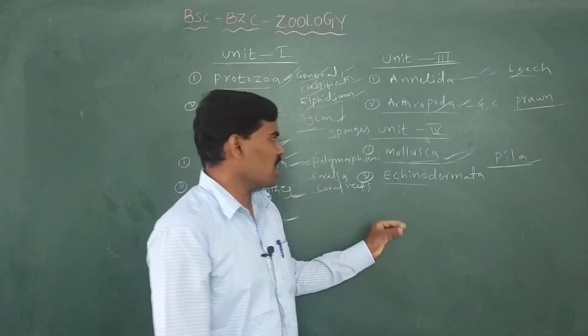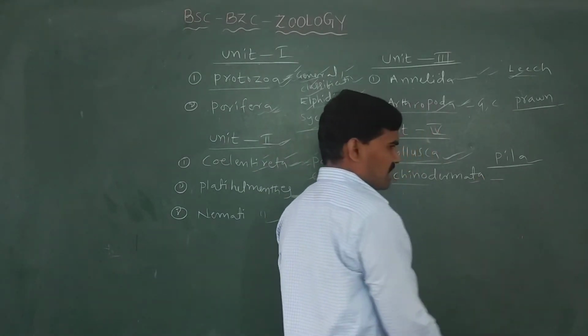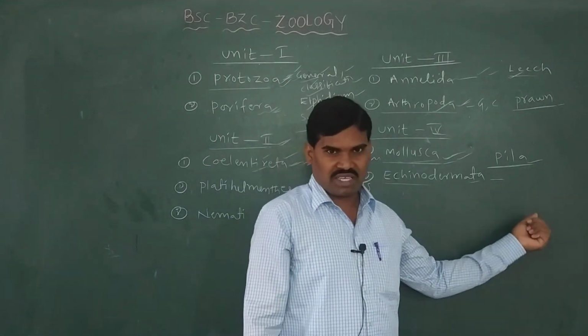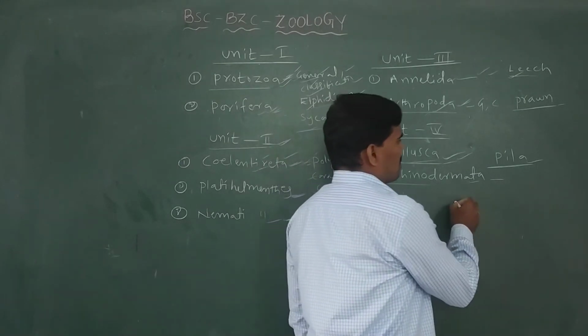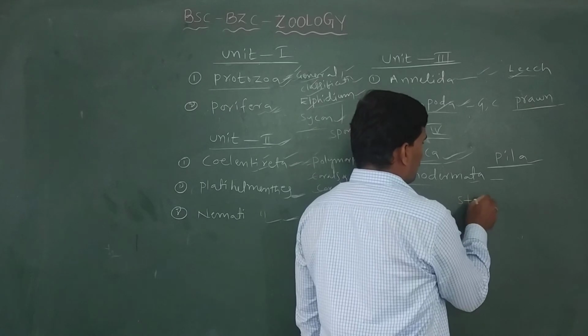So in the Echinodermata phylum, first of all the general characters are explained, and next the classification, and the type study Asterias, the sea star, the starfish.